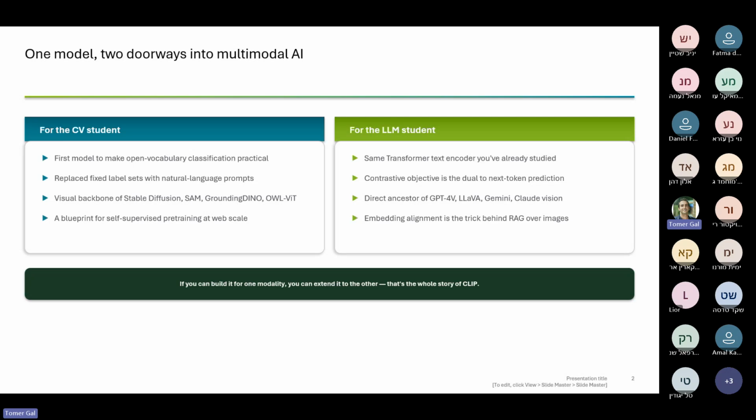Now, CLIP broke that wall, meaning at inference time, you can ask, is this a man? Is this a plane? Is this a photo of some robot? And you could do that without retraining it, okay? So that's why every text conditioned generation model and every open vocabulary detector built since 2021 either uses CLIP weights directly or copies the recipe, meaning the essence of CLIP itself.